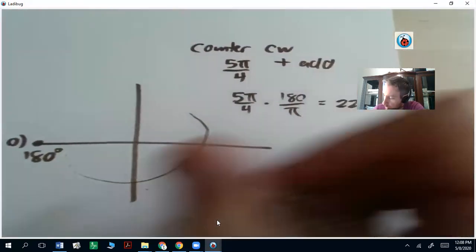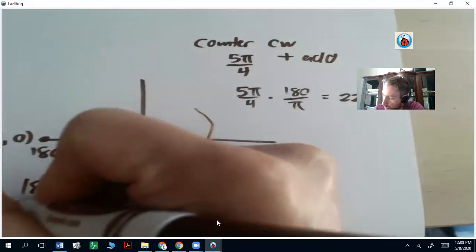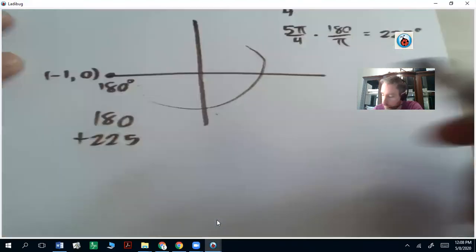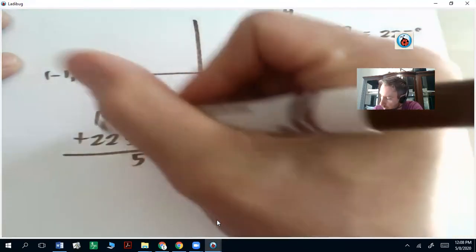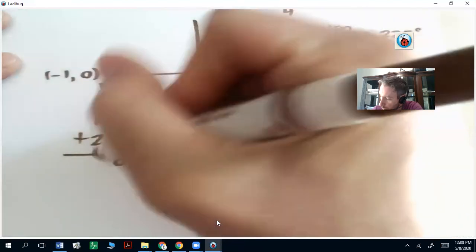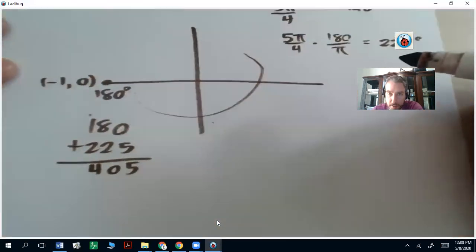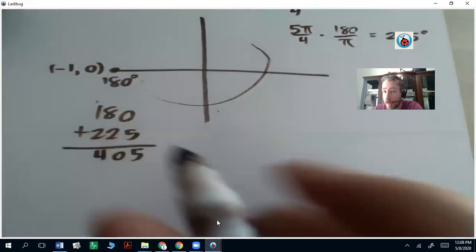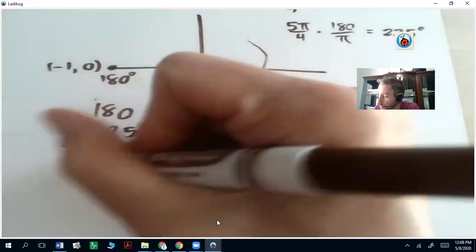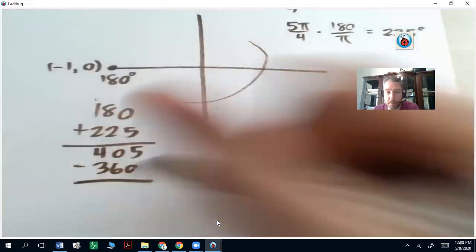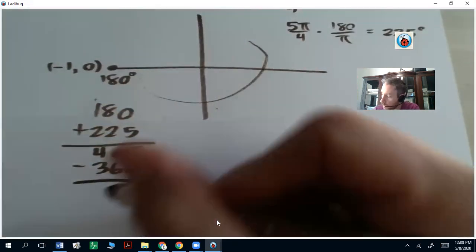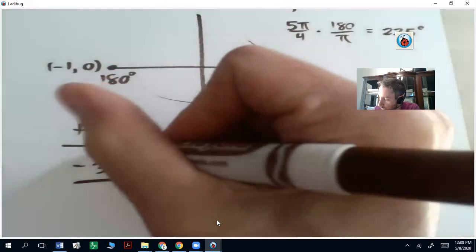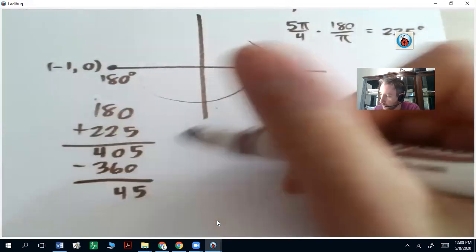Where's that going to end up? So 180 plus 225 is 405 degrees. That doesn't help me. I don't know where that is. But what I can do, aha, that's too big. Coterminal, subtract 360. 405 minus 360 is 45 degrees.